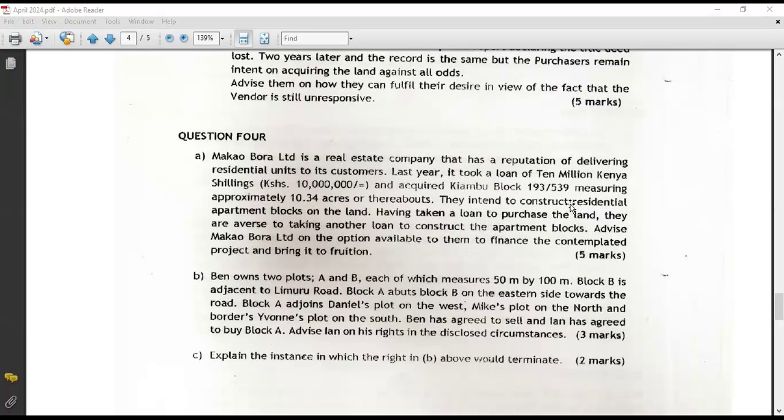So they can make payments maybe every 3 months. So this is the money which Macaobora is going to use to build: the initial deposit and the regular payments made by the investors. And you earn your marks.